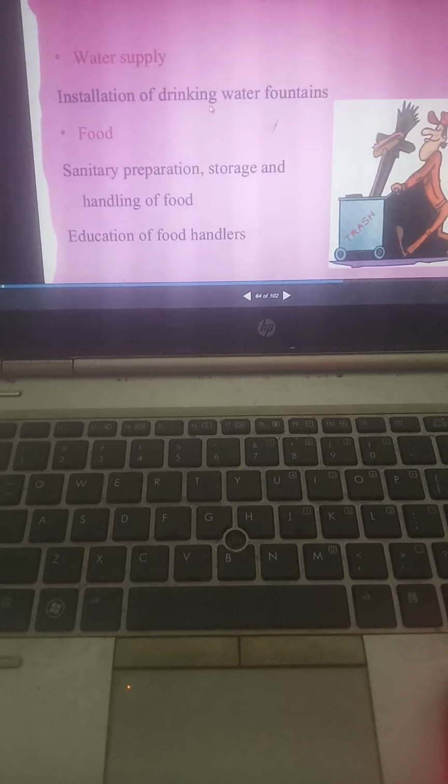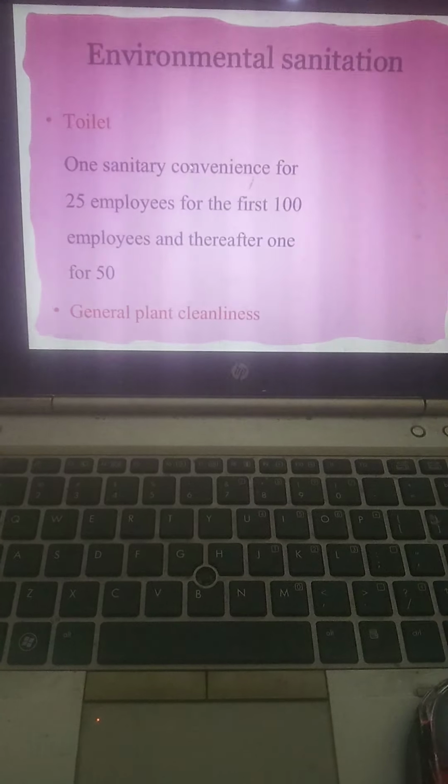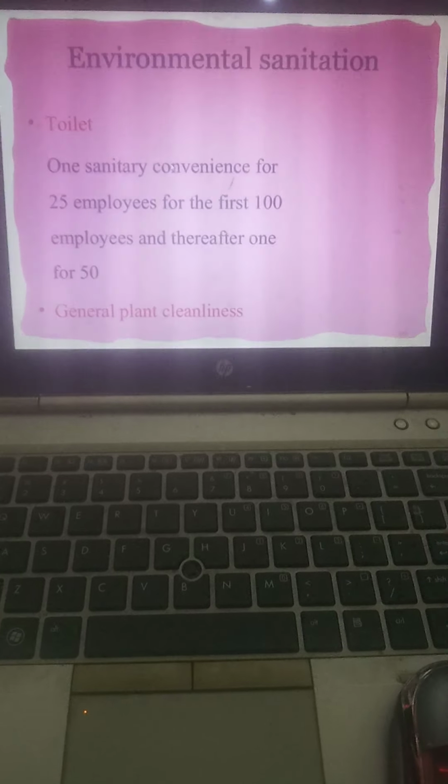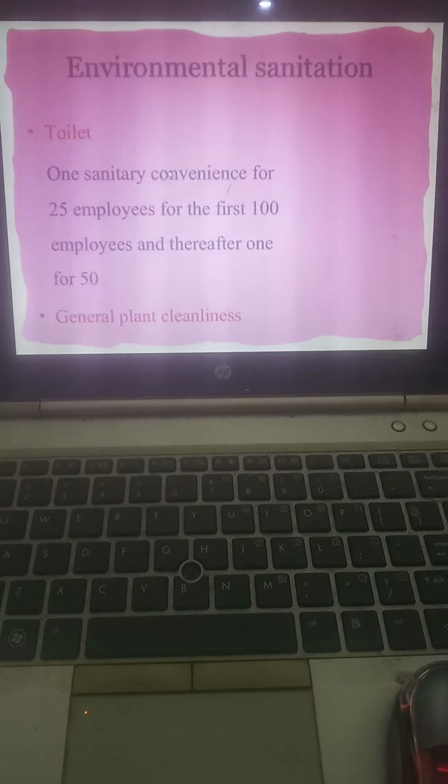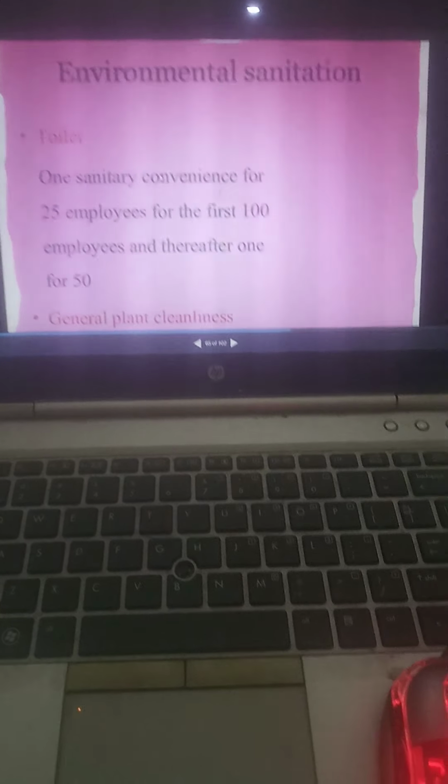Storage and handling of food, education of food handlers should be ensured. For toilets, one sanitary convenience for 25 employees for the first 100 employees, and thereafter one for 50. And general plant cleanliness should be ensured. Now, environmental sanitation, sufficient space. The recommended standard is a minimum of 200 cubic feet.